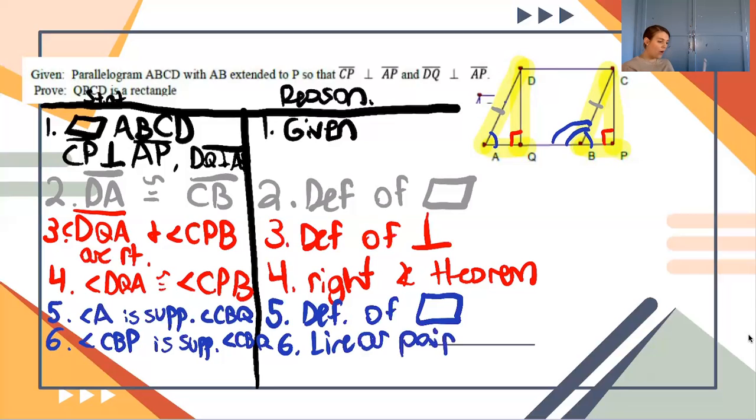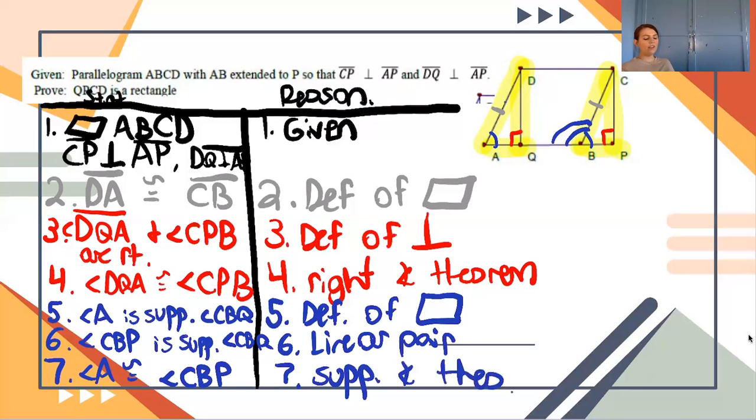So now I'm able to make the jump to say that angle A is congruent to angle CBP because of the supplementary angles theorem: if two angles are supplementary to the same angle, then they're congruent.